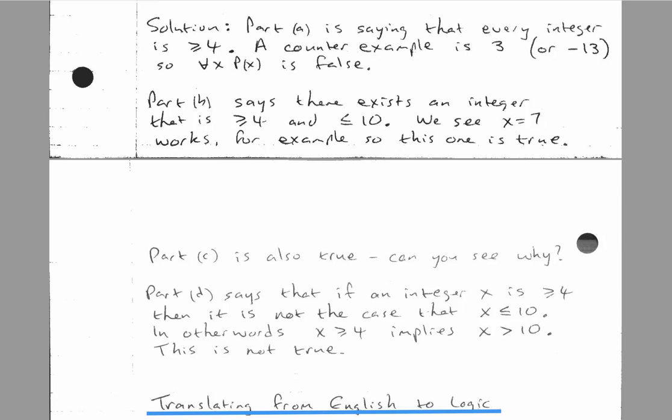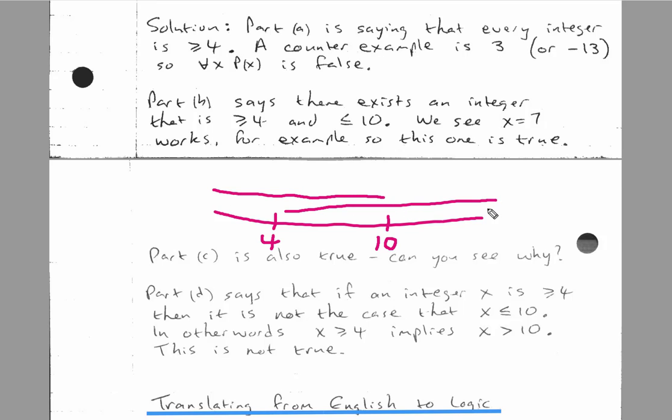You could maybe look on the number line. Looking at all the integers, they're either greater than or equal to 4 or less than or equal to 10. So yeah, we're covering all the integers. So that's true.